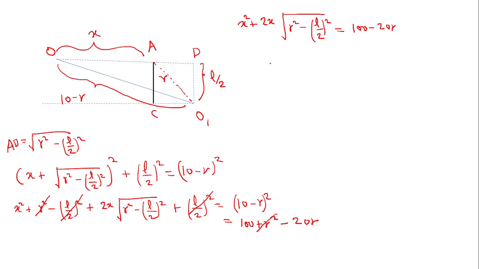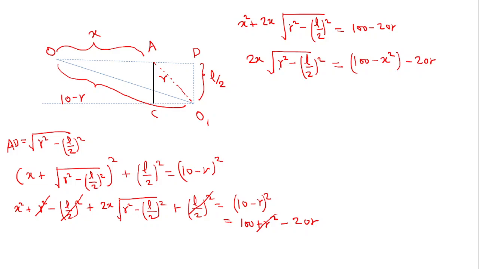Now our aim is to get a quadratic equation in terms of R. So we will bring this X square to the other side and we will write 2X under root R square minus L by 2 square equal to 100 minus X square minus 20R.